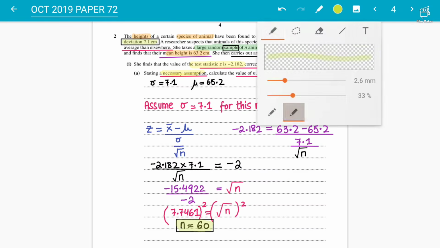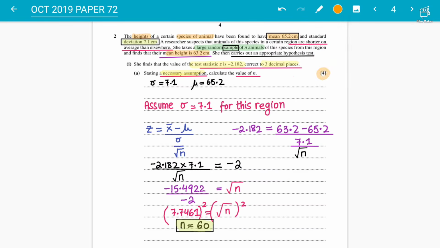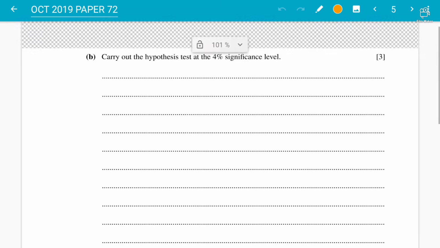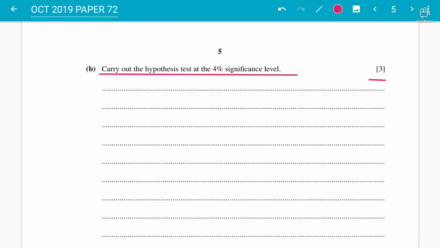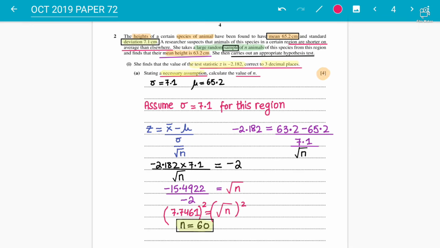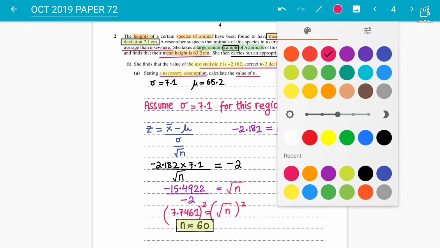Hence we have got the first 4 marks of this part, because the major part is how you carry out the hypothesis testing at this significance level, which is worth 3 marks. Let's understand how the marking scheme works for this.